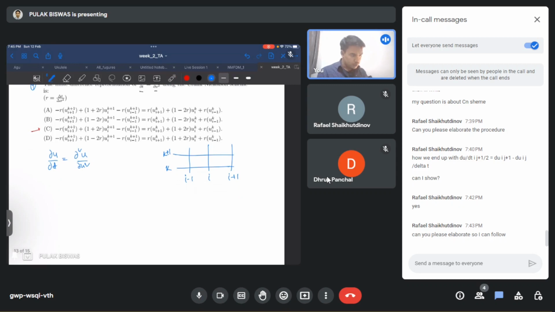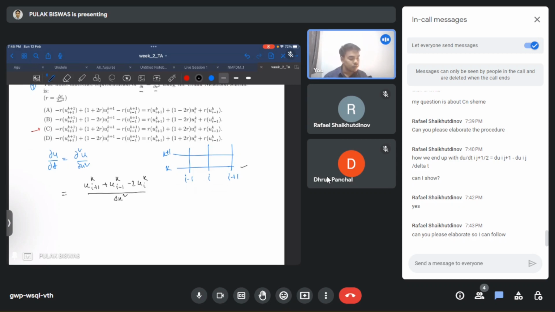So if I try to write this one: u(i+1, k) plus u(i-1, k) minus 2u(i, k), by delta x squared. This one you are using for explicit or implicit schemes.